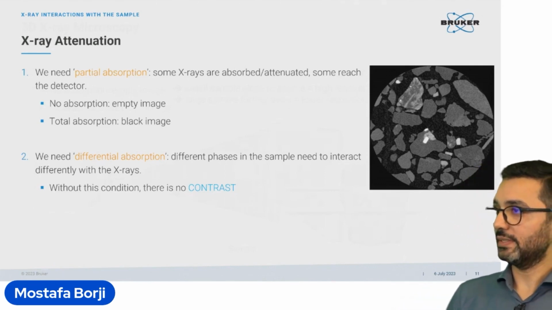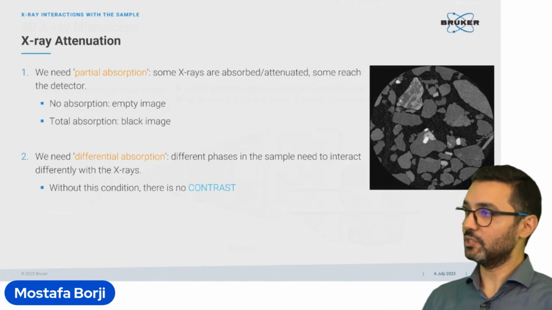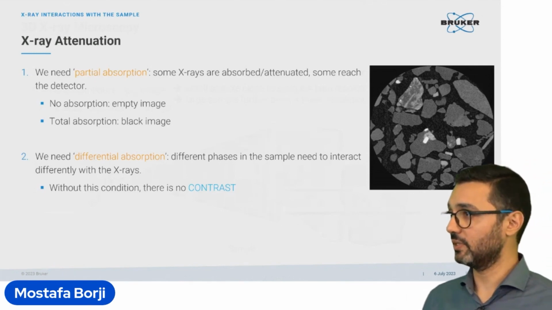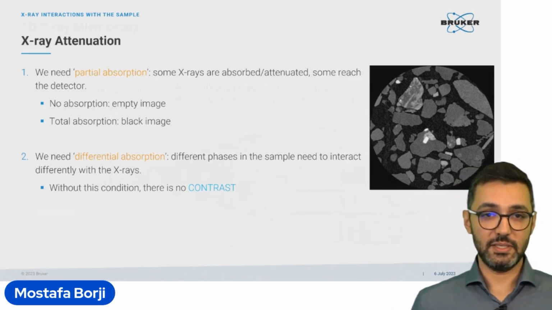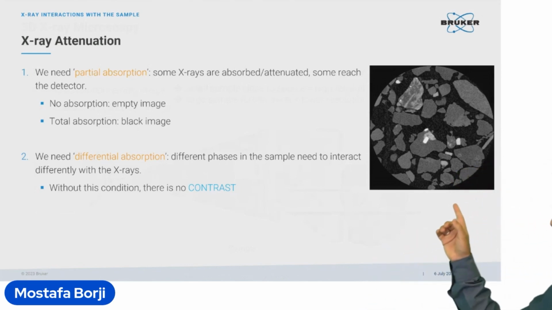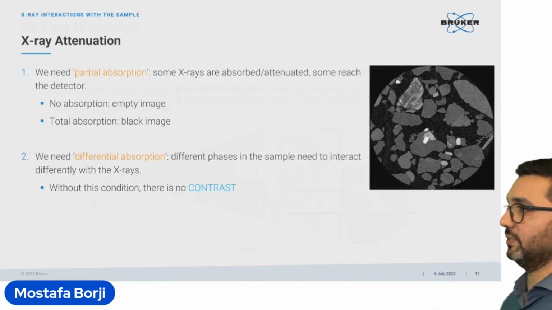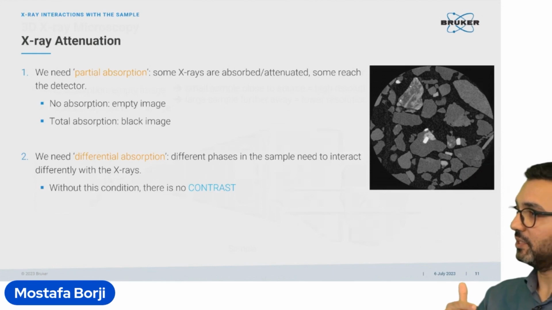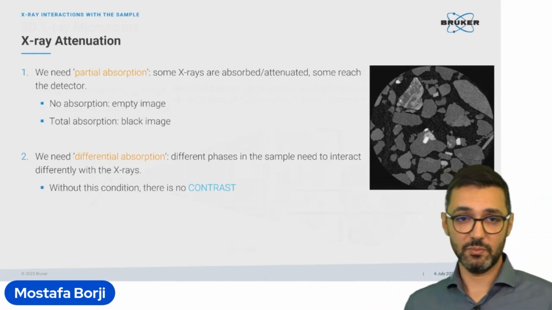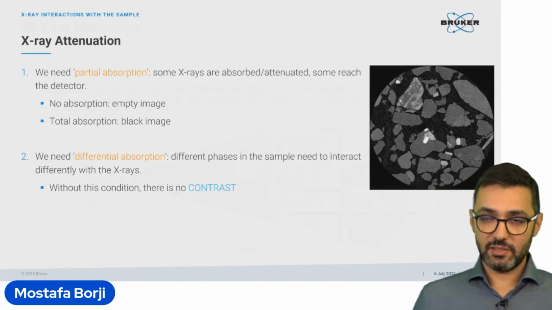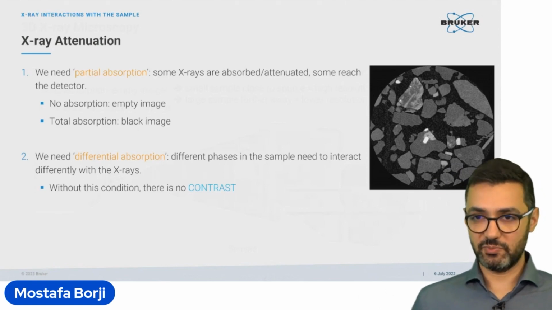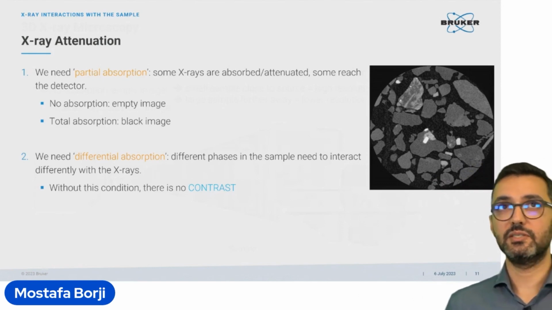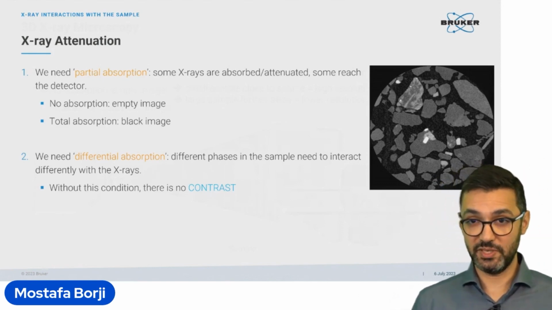This partial absorption, or this differential absorption between different materials, will give us a contrast. So here I put a slice of a rock sample in which we do see different shades of gray. By contrast, we mean that depending on the density of material that we have in the system, we will have different absorption coefficients being measured.